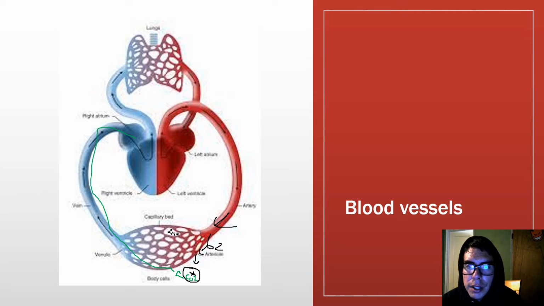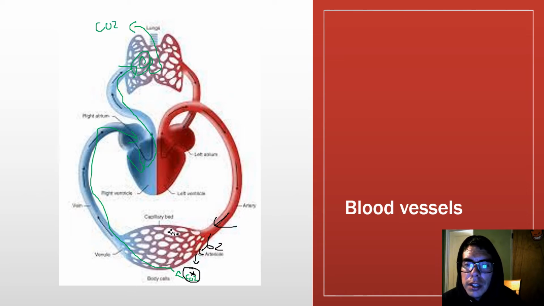It'll go all the way back up to the right atrium, to the right ventricle, and get pumped to the lungs, and it's deoxygenated blood, as I mentioned before. Then the same process occurs. It'll go across the walls and fill the lungs. You will exhale that carbon dioxide.